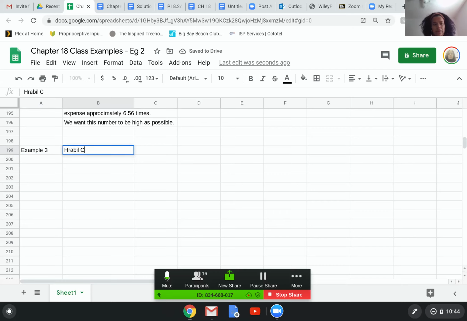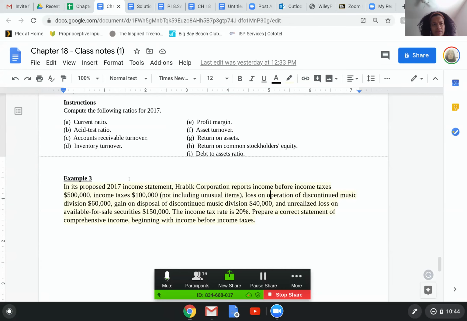So, name of the company. As is the case with financial statements, you name the company, and name the statement. It says 2017, so maybe we'll just do December 31st.